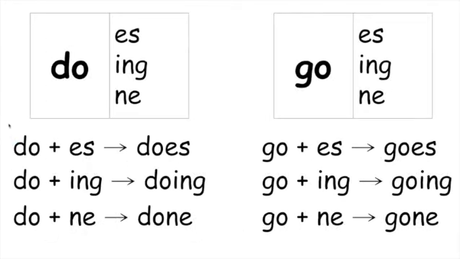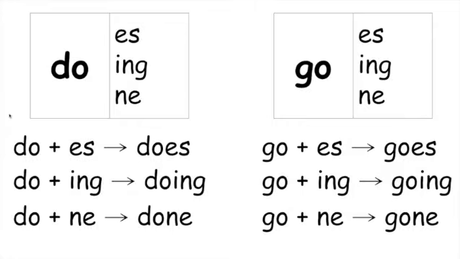When we have these word sums, we can create something called a word matrix or a morphological matrix, which shows the base of the word, which is bolded, usually in the middle. And then the prefixes would be, if there were some, to the left of the base word, and the suffixes would be to the right.